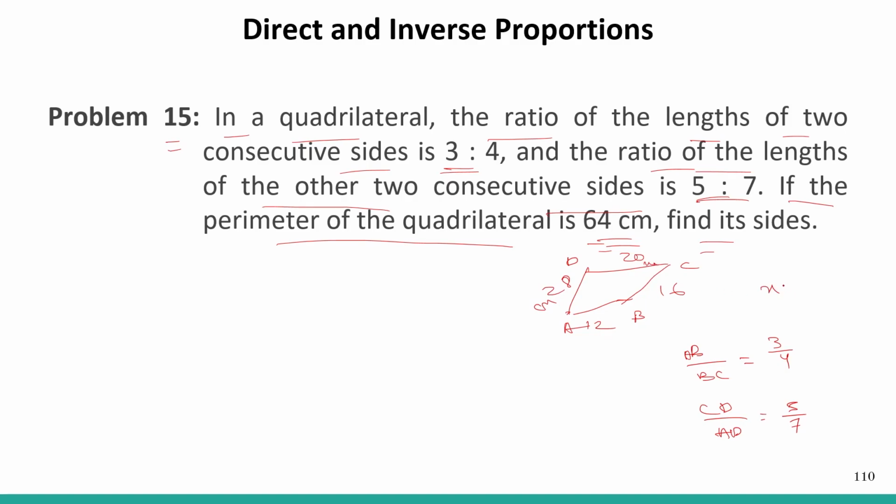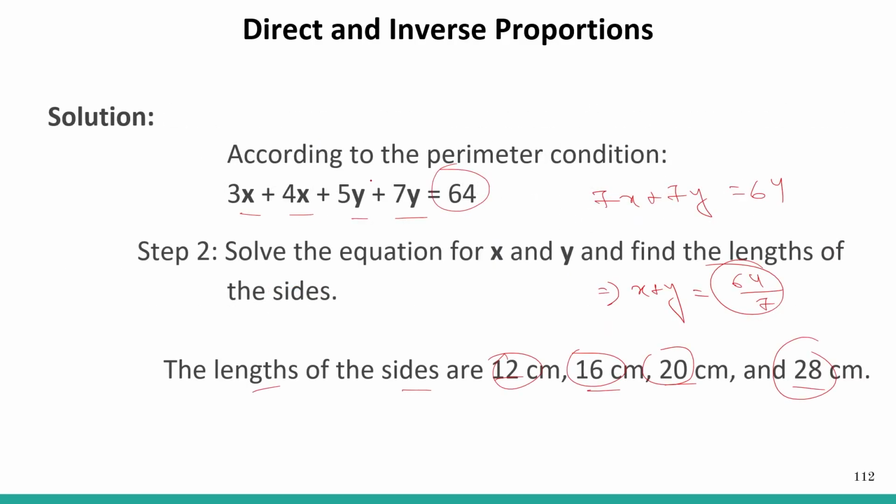Okay, so x will be basically 4 and y is equal to 4. If we assume that they both have the same ratio or factor, that is x is equal to y is equal to 4, then 3x plus 4x plus 5x plus 7x is equal to 64, right?